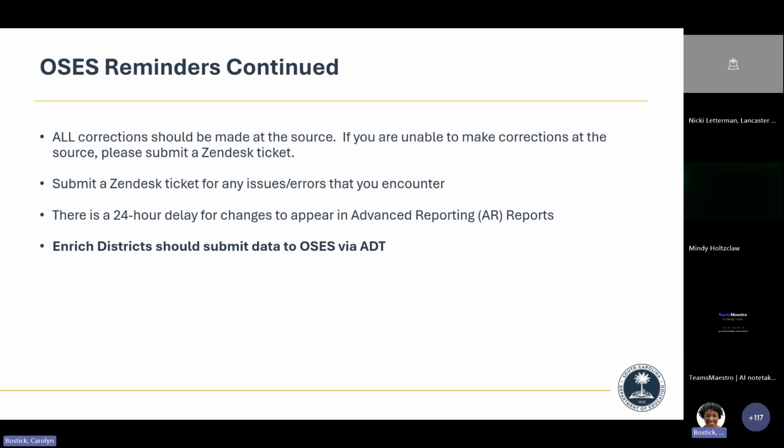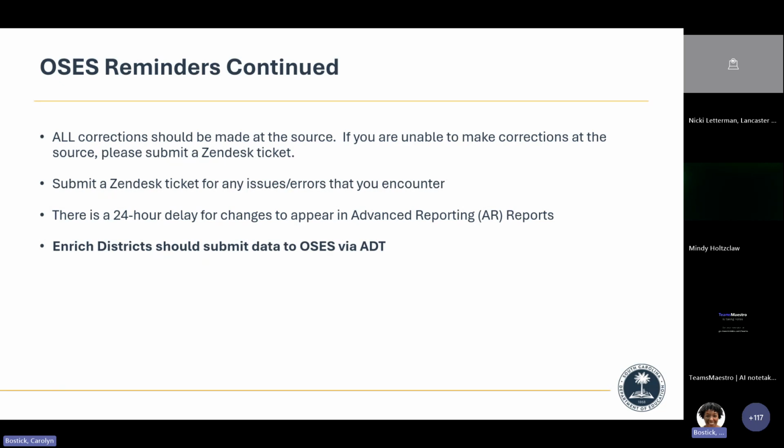I know you want us to know whenever there's an issue, and we certainly appreciate that, but it should also accompany a Zendesk ticket so that it puts it on their radar. We don't want to assume that everyone's ticket is the same, and each may have a slight nuance. So it's always best practice to submit those tickets in case you're having any errors or issues within your system.